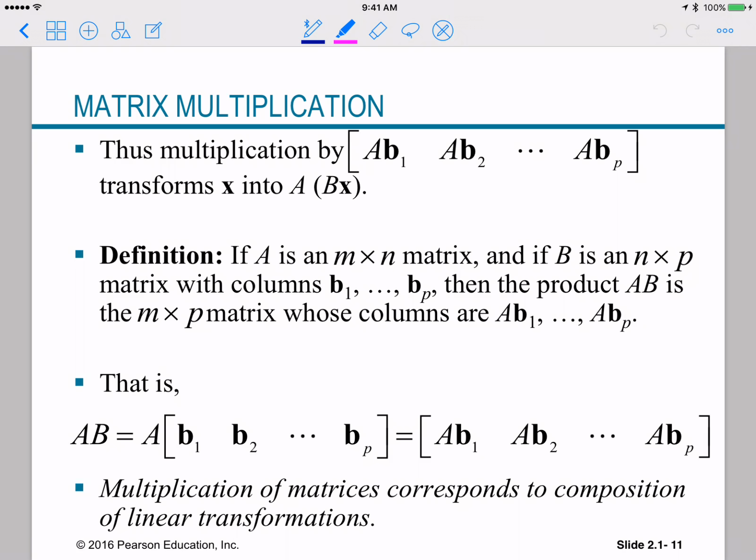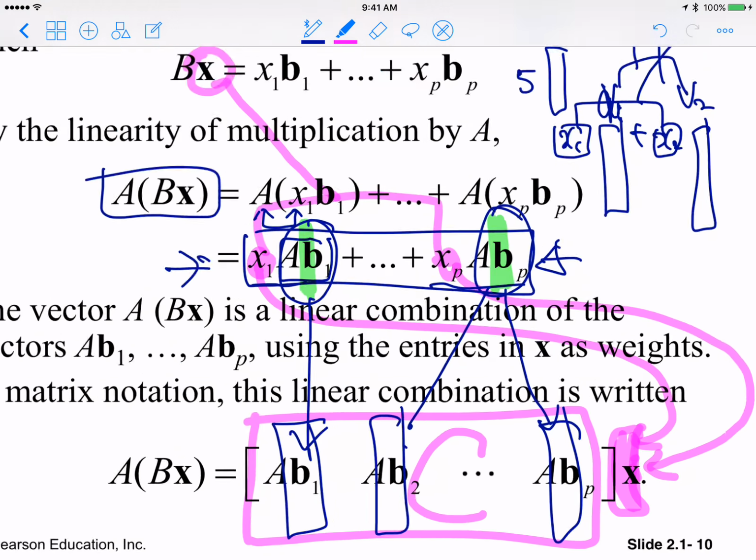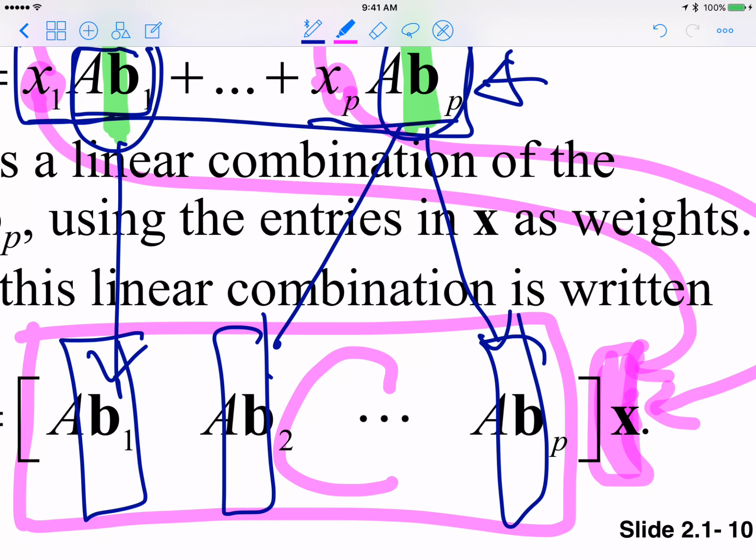After doing so, what we obtain is this single matrix. For example, let's call that matrix C, and this is C times the original input vector x. So this can be viewed as just one step of a matrix transformation using the single matrix C.